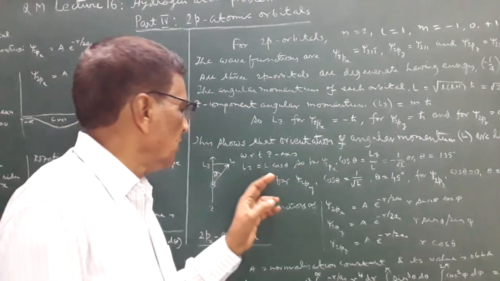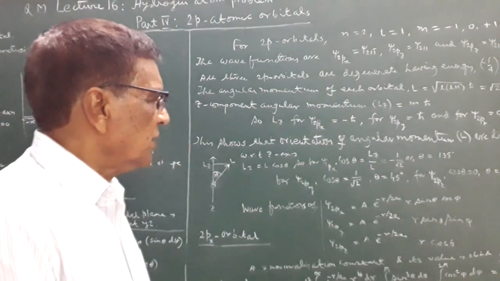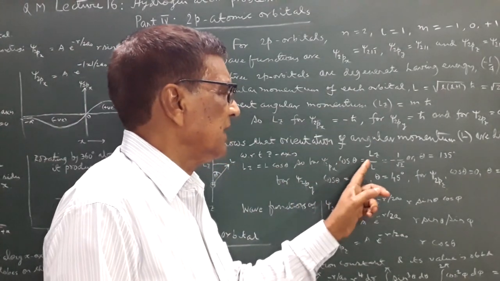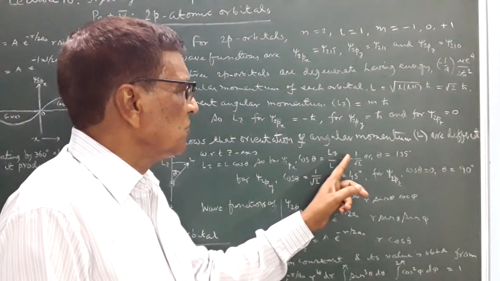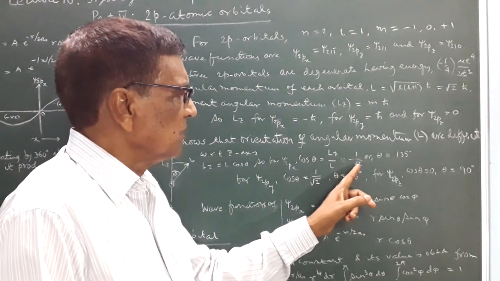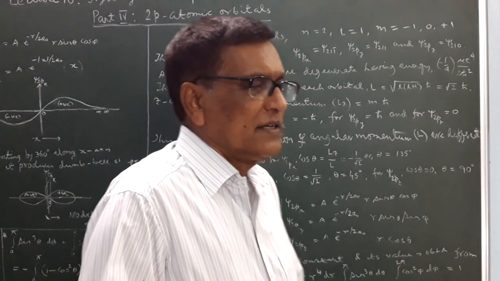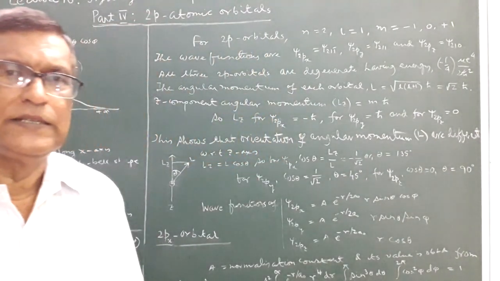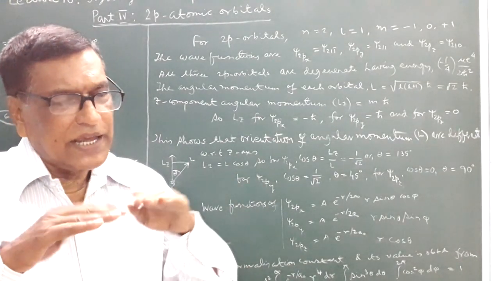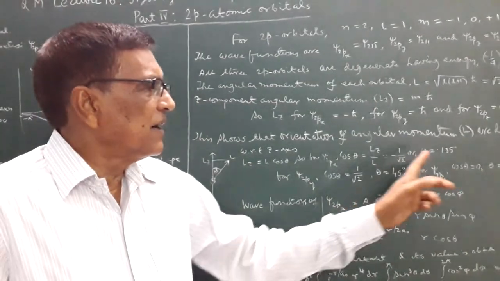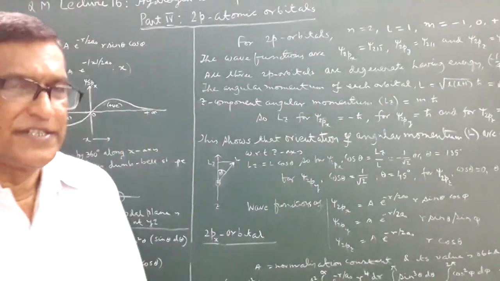So Lz equals L into cos theta. For psi 2px, cos theta equals Lz by L, with Lz equal to -1 and L equal to root 2. So theta equals 135 degrees. That means the angular momentum vector aligns at an angle of 135 degrees with respect to the z axis.